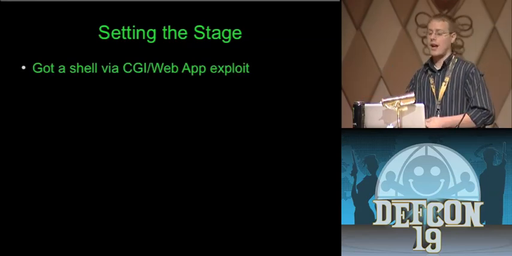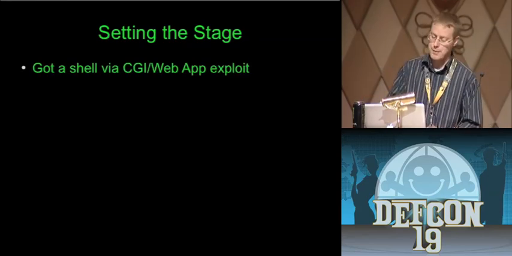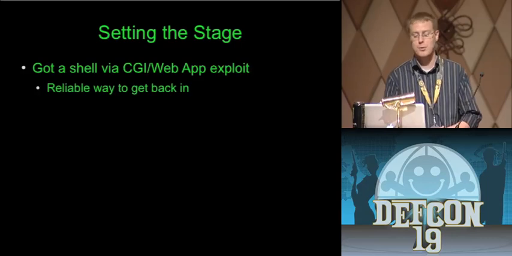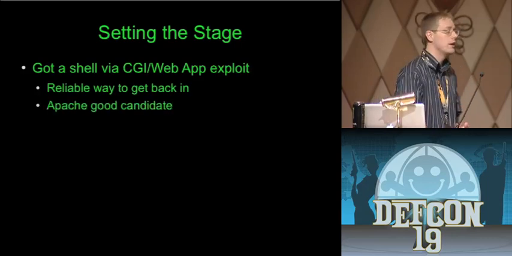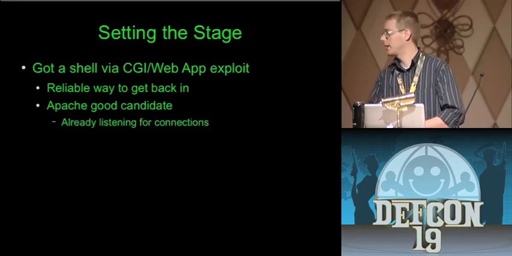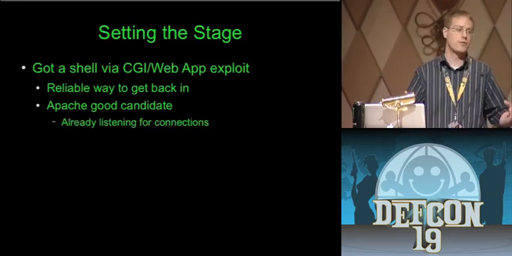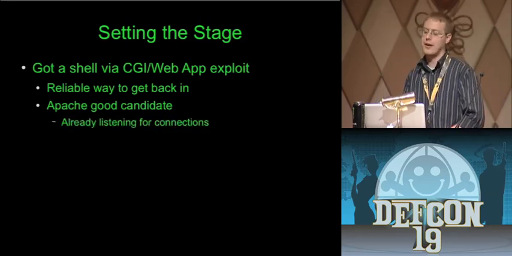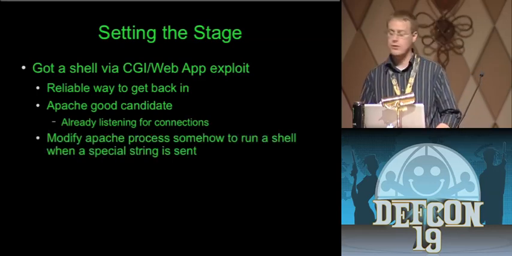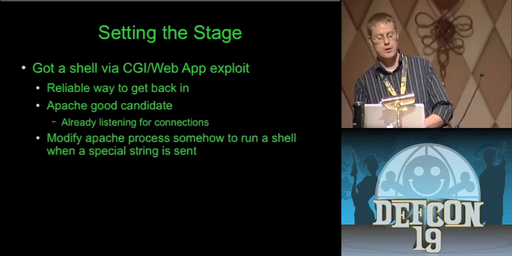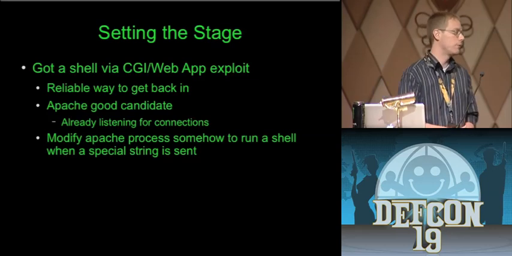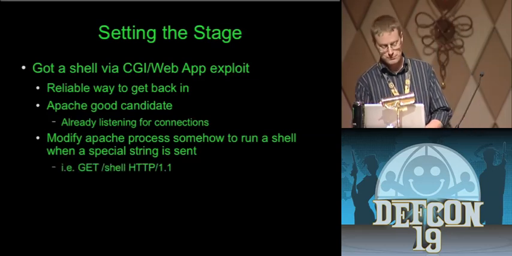To set the stage, I've got a shell via a CGI web application exploit, and I need a reliable way to get back in. Apache is a really good candidate to target because it's already listening for connections. It's already got its front door open saying, come right on in. My end goal is to modify the Apache process somehow to run a shell when a special string is sent.